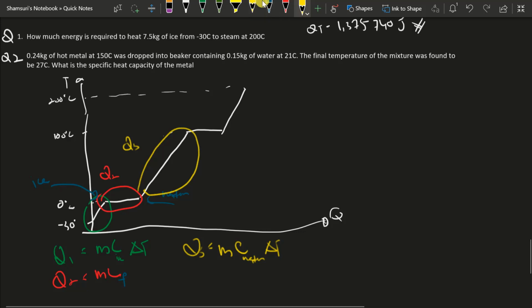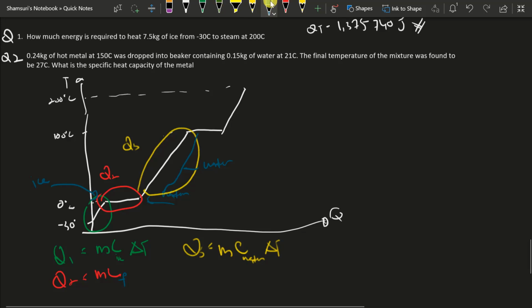All of this is water. So this is c of water.